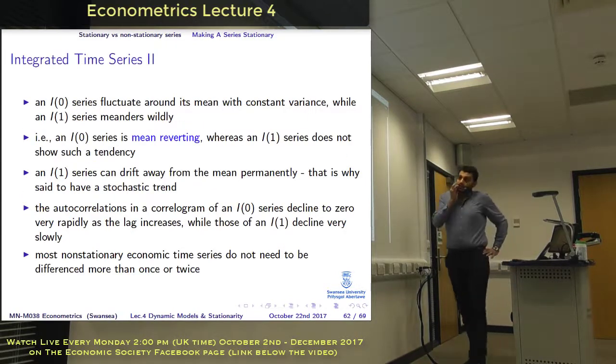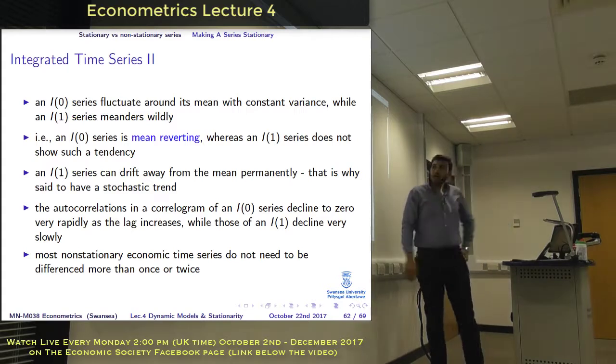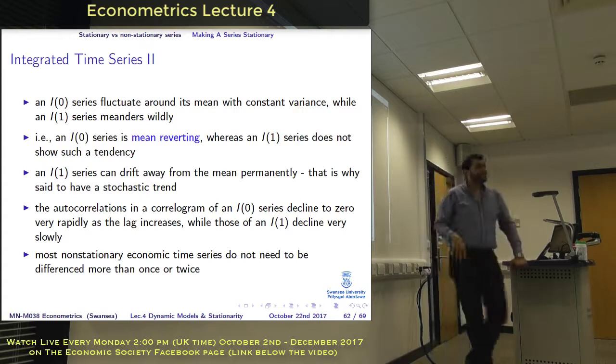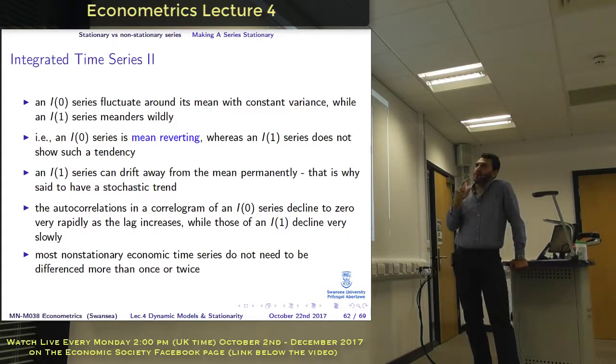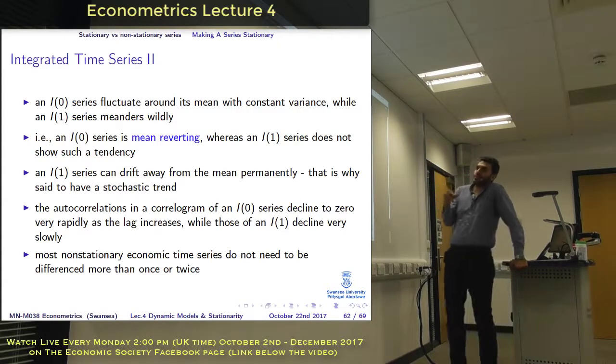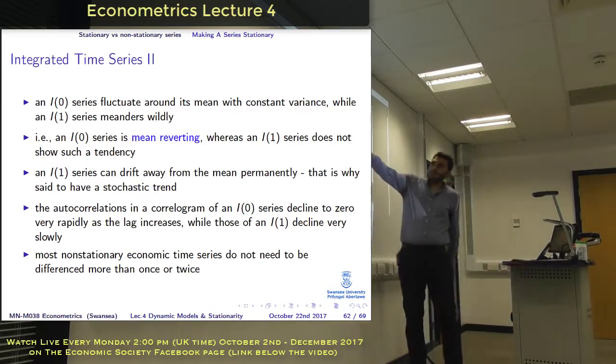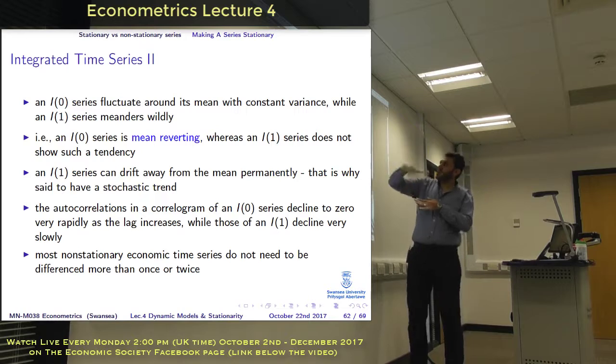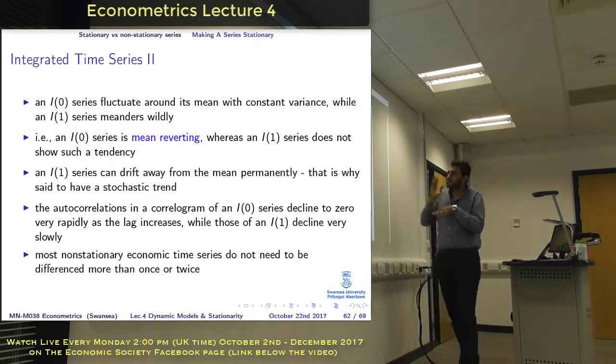Just as I said, these are final remarks before I conclude the lecture and ask you if you have any questions. An I0 series fluctuates around its mean. We know it's stationary, so it goes up and down around a constant mean and has constant variance.